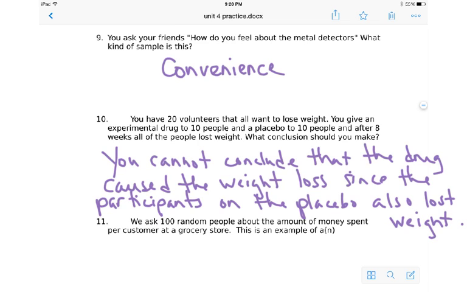Number 11, we ask 100 random people about the money spent per customer at a grocery store. Should probably clean that up a little. We asked 100 random people about how much money they spend maybe each week at a grocery store. This is an example of what we call just a simple random sampling.